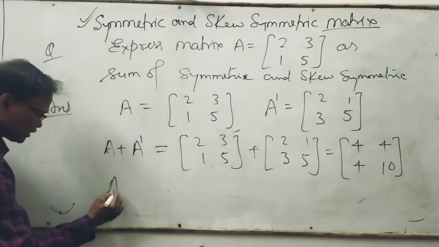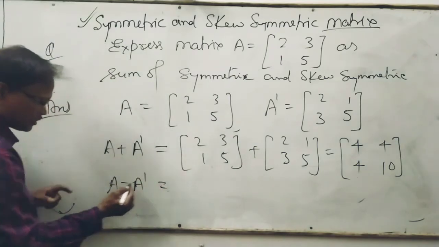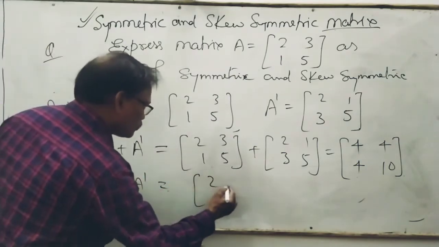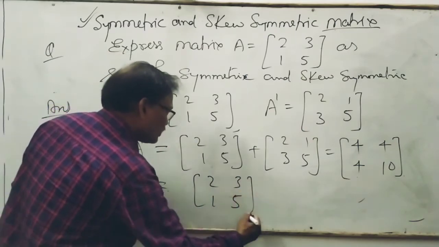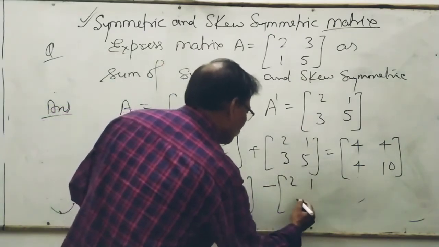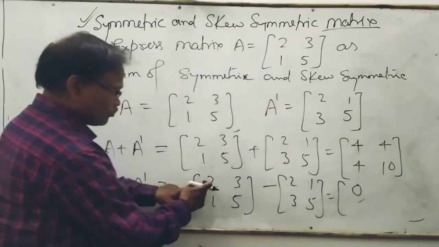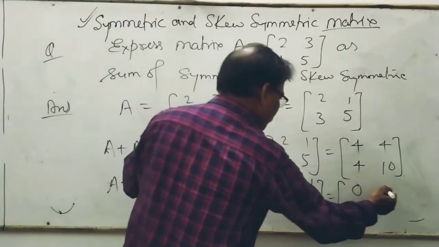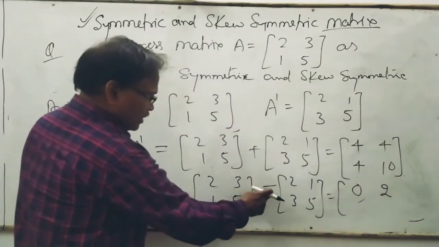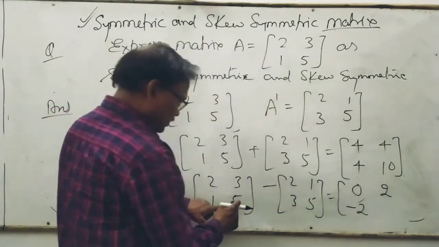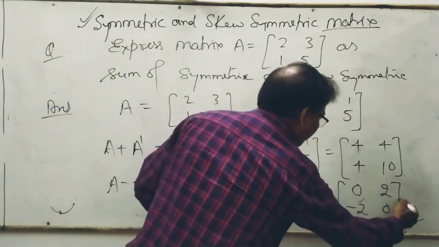Now you find the A minus A dash, the subtraction of the two matrices. So 2 3 1 5, this minus 2 1 3 5. So it will be 0. 2 minus 2 0, 3 minus 1 2, 1 minus 3 minus 2, and 5 minus 5, that is 0.